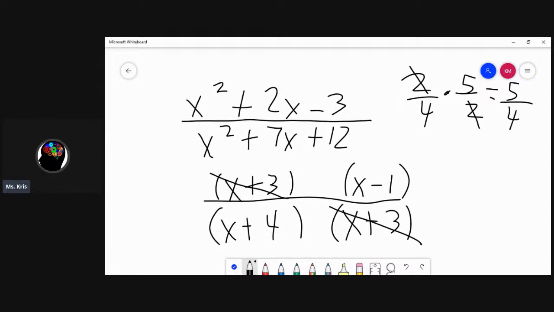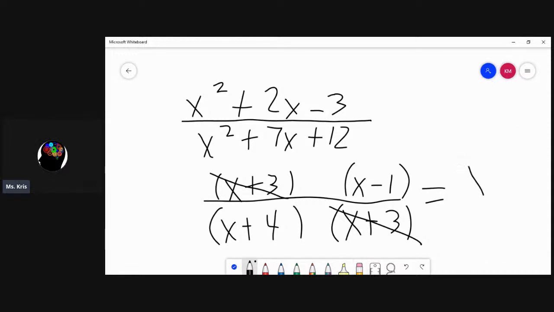But there must be a like term in the numerator as well as the denominator in order for them to cross out. If they're both on the top or both on the bottom, they cannot cross out. They just multiply into each other. So once I cross that out, what I'm left with is x minus 1 over x plus 4.